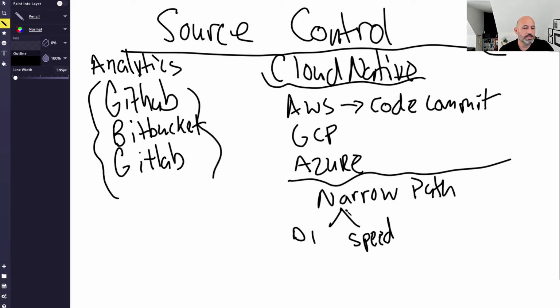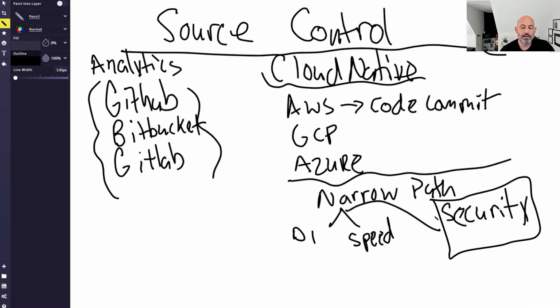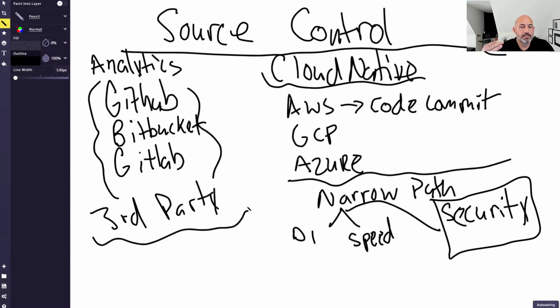Another one that isn't talked about enough, that is a pretty big one, is there may be some cases in terms of security where you don't want to increase additional security vectors or risk vectors for your source control. So if you have extremely tight security because you're dealing with health records or something like that, then you may want to not use a third-party service because you don't want to add another tool to your ecosystem here just because you can do it.